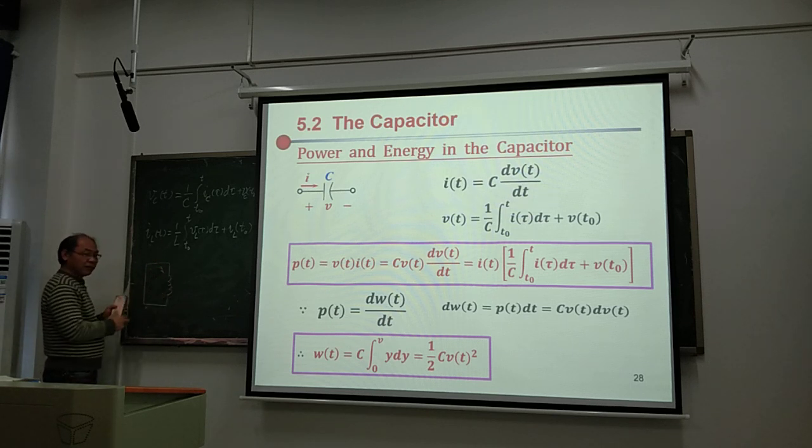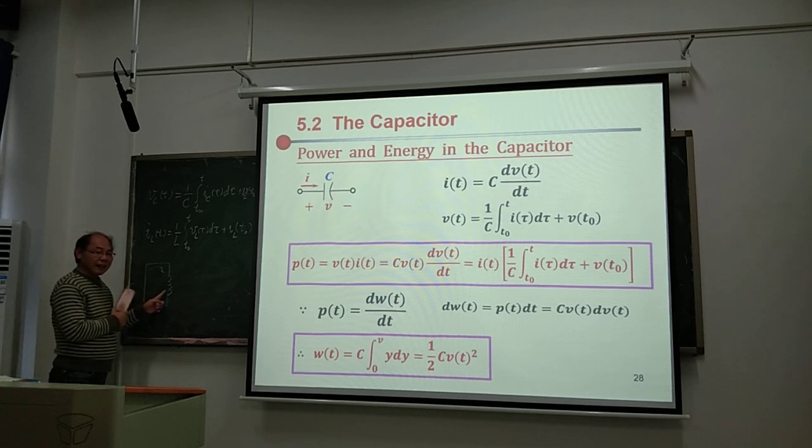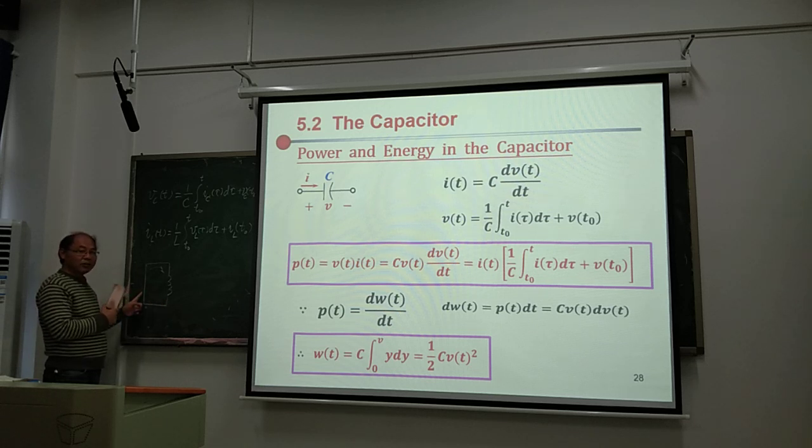And so the current flows in a circle. But because a real inductor has resistance, and the wire also has resistance, the stored energy can become smaller and smaller.